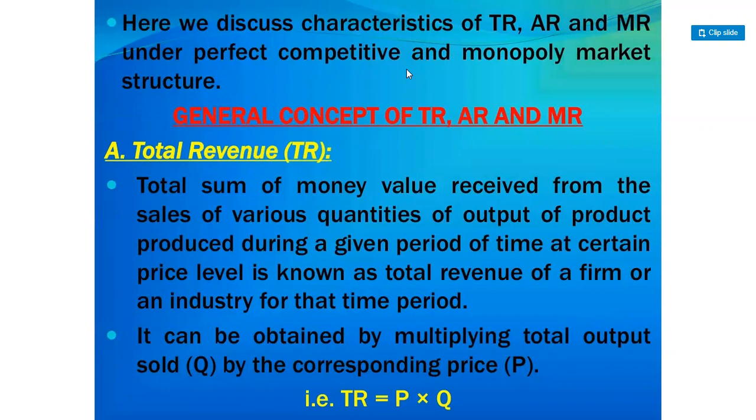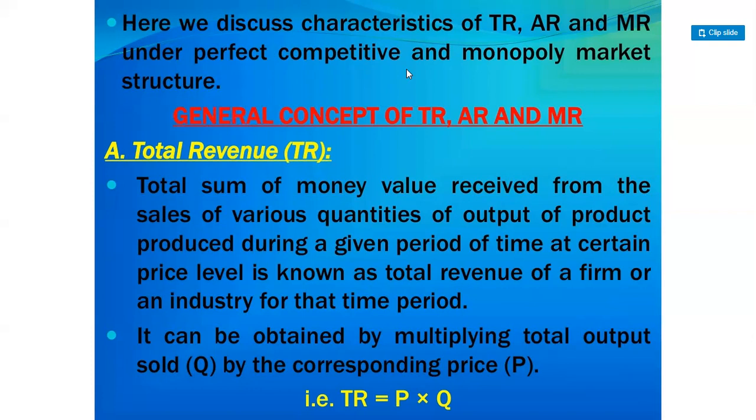So first of all, we will discuss total revenue. What is meant by total revenue? The total sum of money value received from the sales of various quantities of output produced during a given period of time at a certain price level is known as revenue for a firm or industry for that time period.